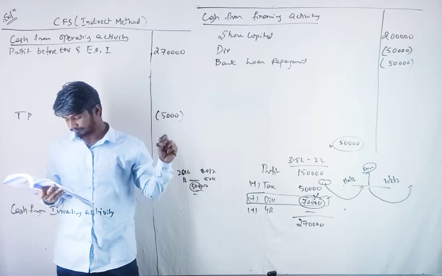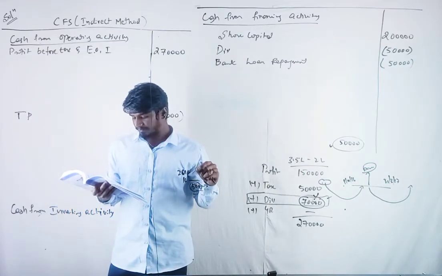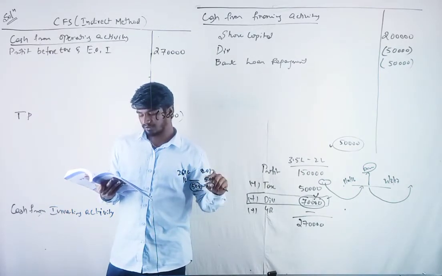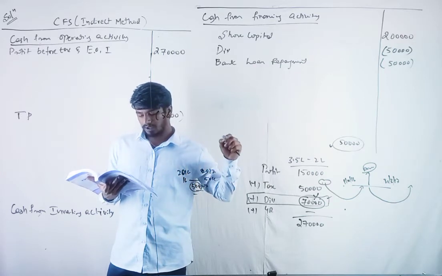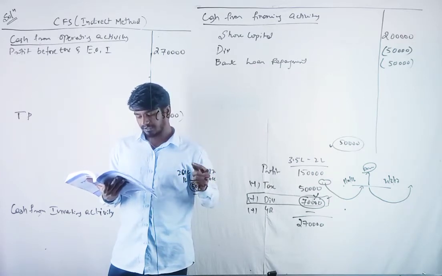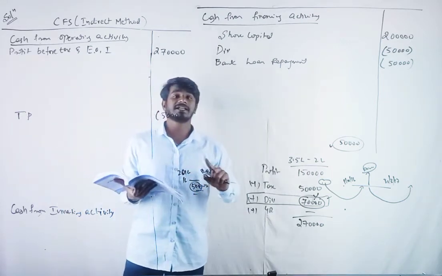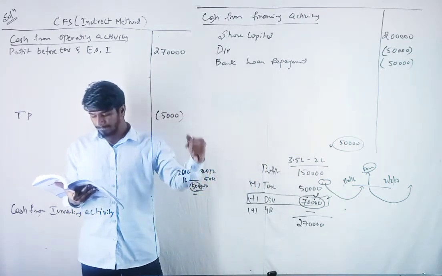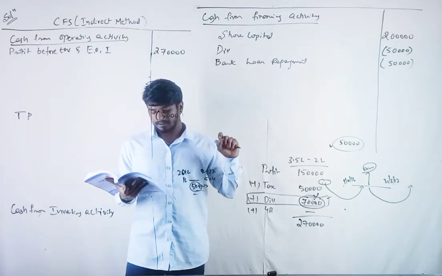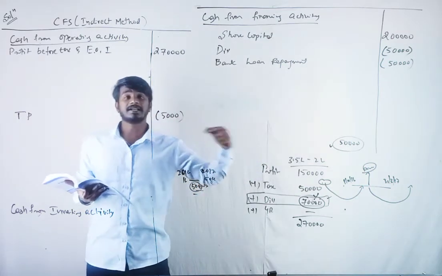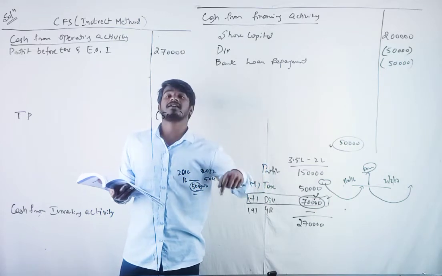Okay, sir. Next, other current liabilities. Outstanding rent. It was 5,000 in the beginning of the year, and it became 7,000 at the end of the year. Outstanding means we haven't paid yet. But if we didn't pay, the cash is in the bank account.